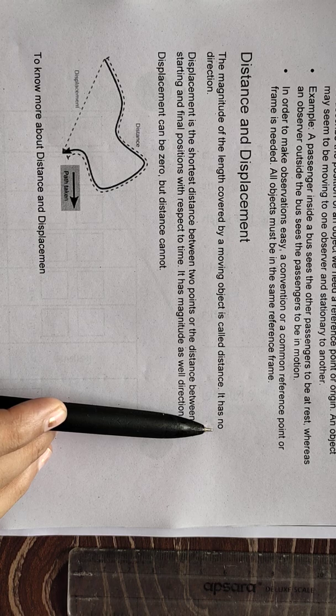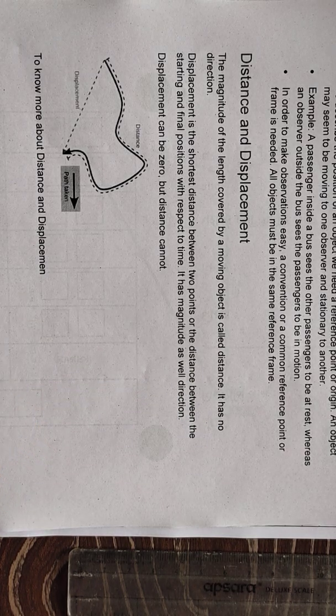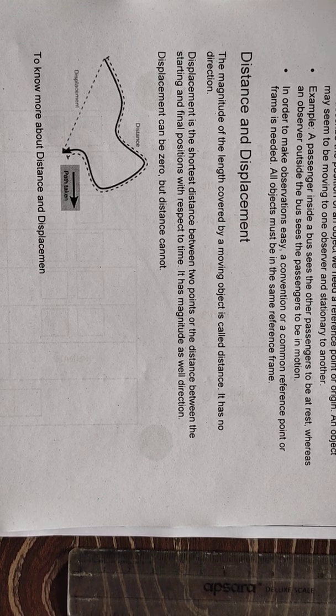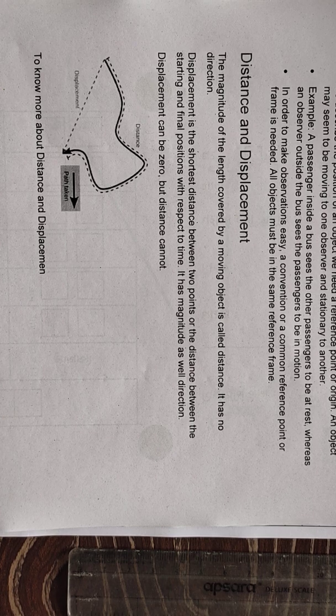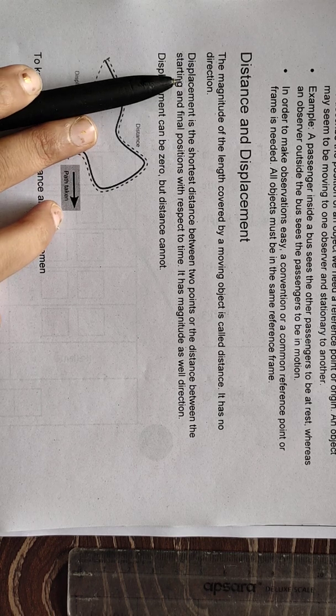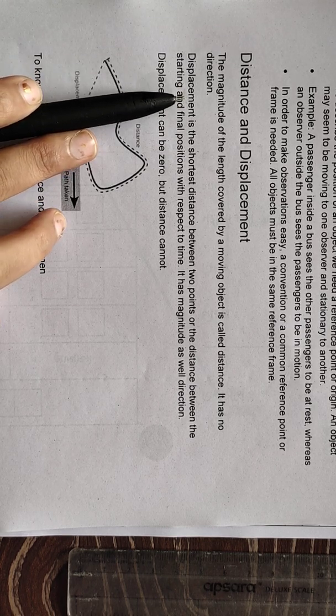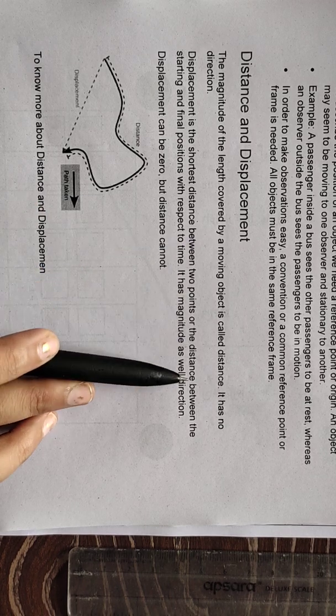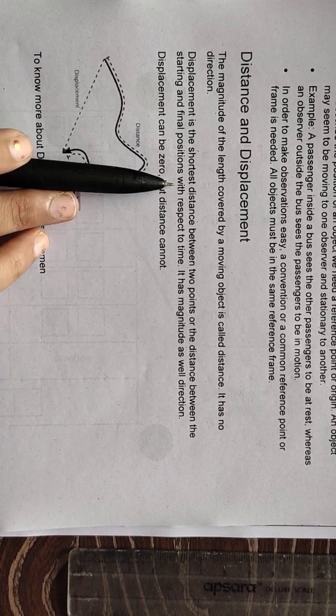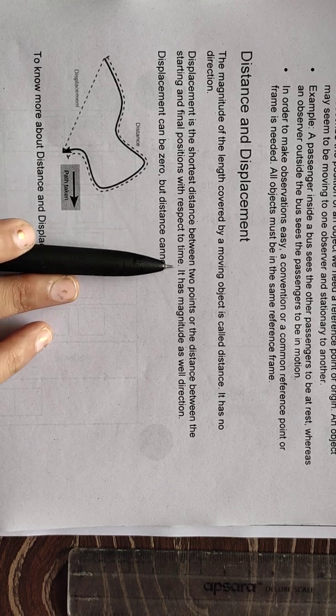While you are talking about distance, you are not required to mention the direction, because the path can be covered in any direction. So while defining distance, you don't need to mention the direction. But displacement is the shortest distance between two points, or the distance between the starting and final position with respect to time.